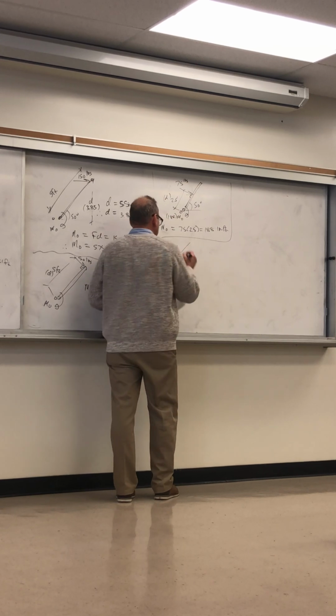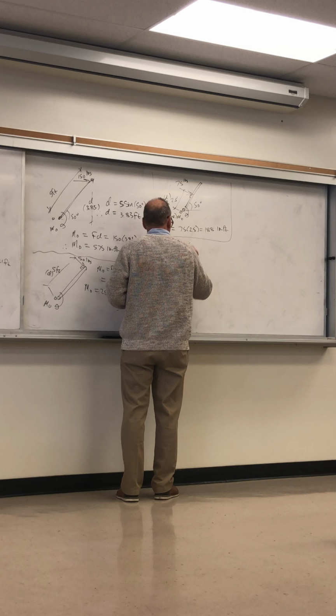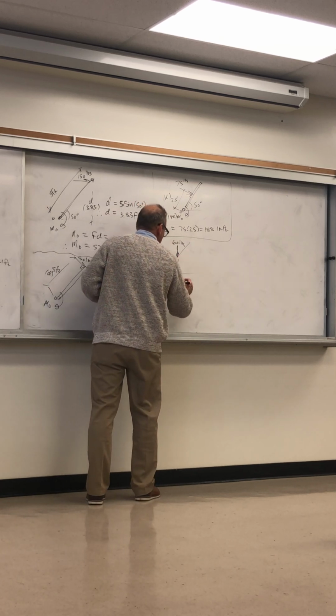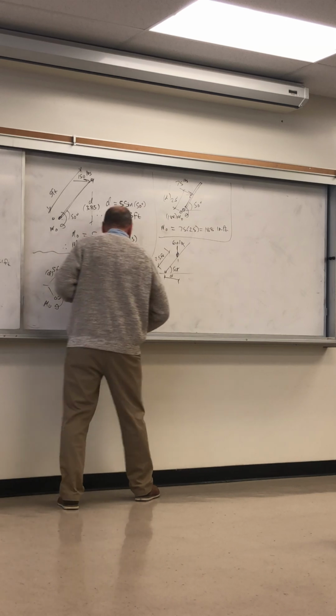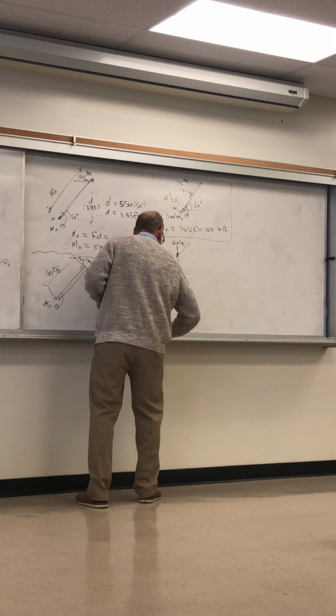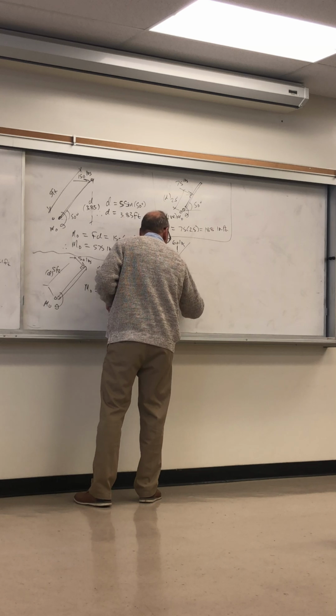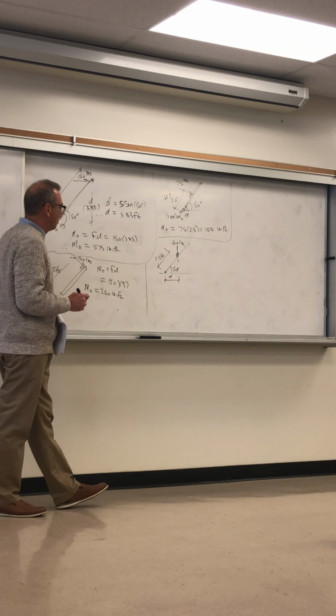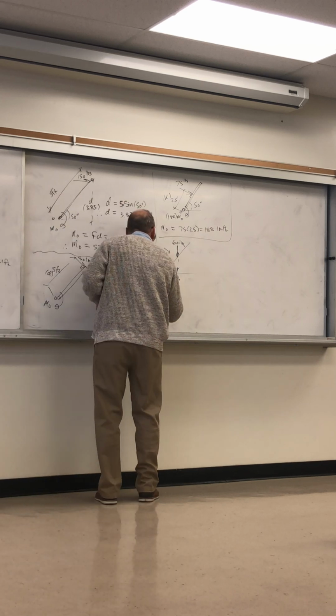Down 60 pounds. So in this case, the D distance will be this horizontal distance. Since the load's applied vertically, I need this. And so I'm going to have to take 2.5 times the cosine of theta.